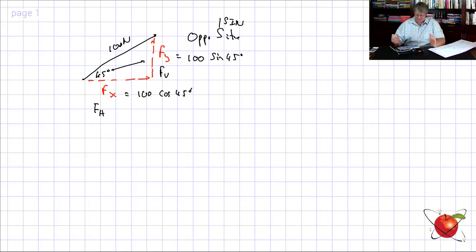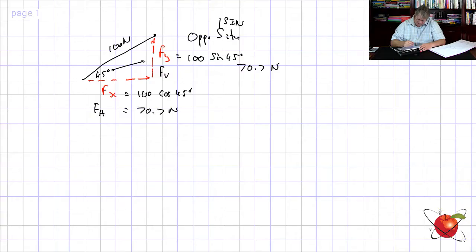Which is great. Now we can go ahead and work that out. I've already done it. It comes to 70.7 newtons, and those bright ones amongst you, the other one, 70.7 as well, isn't it? Why? Because it's an isosceles triangle 45-45. So our component up and there are the same.